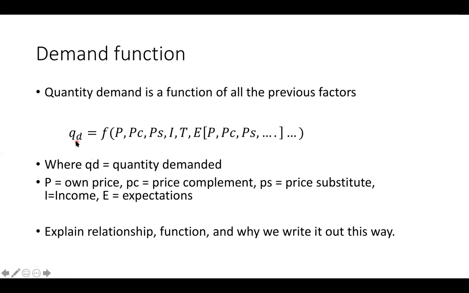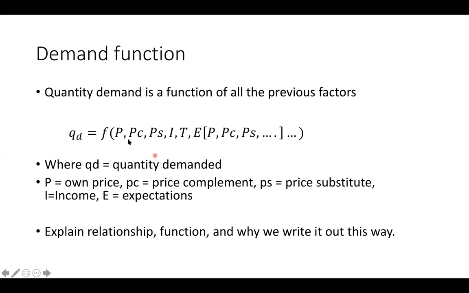So QD, this is how we're going to denote quantity demanded from here on out. You'll see it written this way a lot. We write it out this way because this is a much quicker shorthand way to say that all of these factors may shift this demand curve. So just succinctly in one equation, we can show that there exists a relationship between the quantity demanded of some good and all these factors.